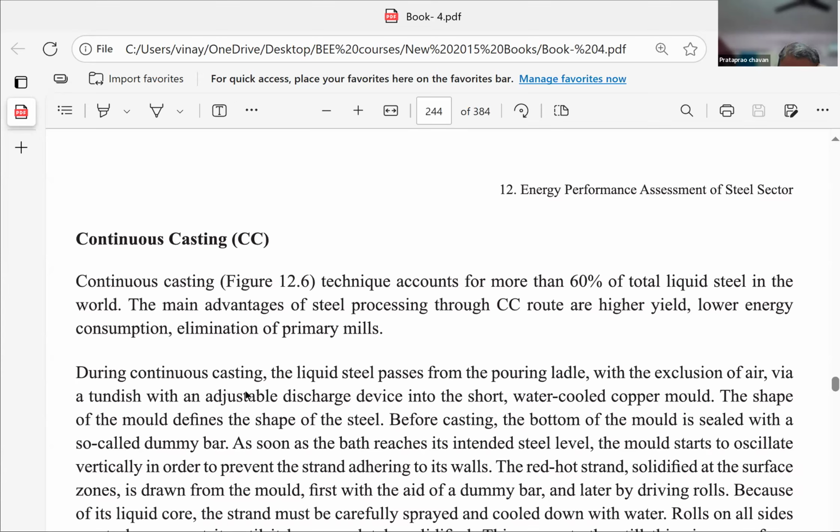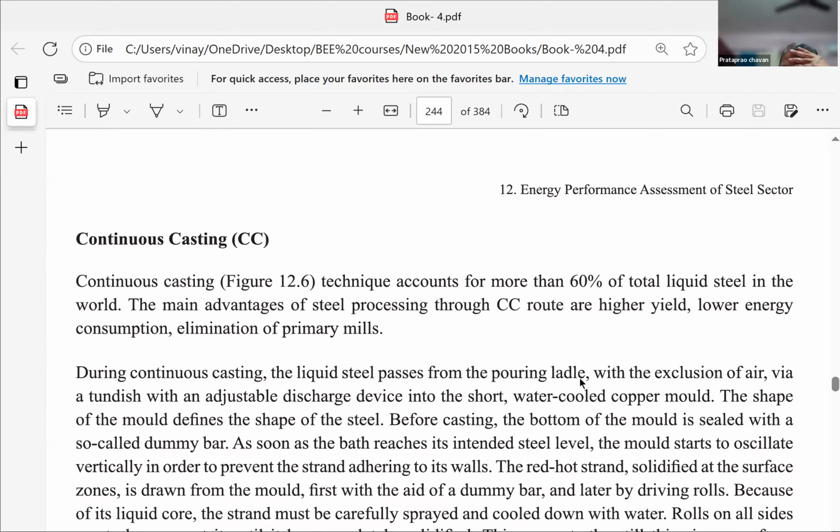During continuous casting, the liquid steel passes from the pouring ladle. The trolley is called a ladle. Depending on the size of the industry, the size of the blast furnace, some blast furnaces are described in nameplate details as a 5-ton blast furnace or say a 10-ton blast furnace.